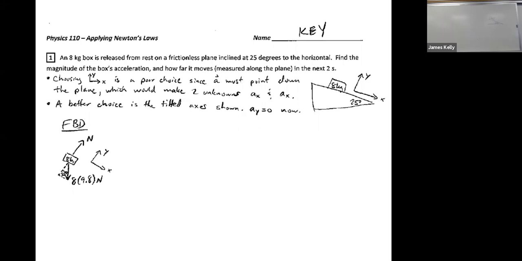So I'm just going to go for it and use F net x, or the sum of the force x components, equals max. Again, you'll see I switch back and forth between writing F net and the sigma notation. They mean the same thing. With respect to x components, what's the x component of the normal force?